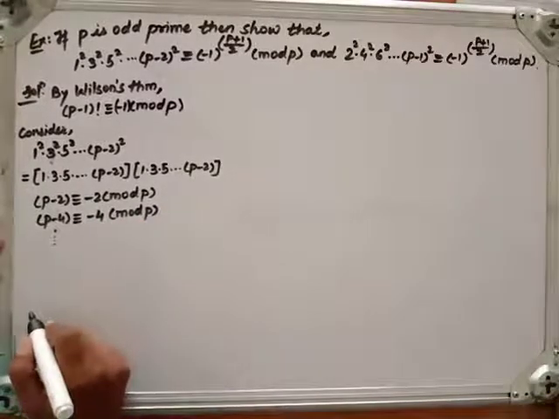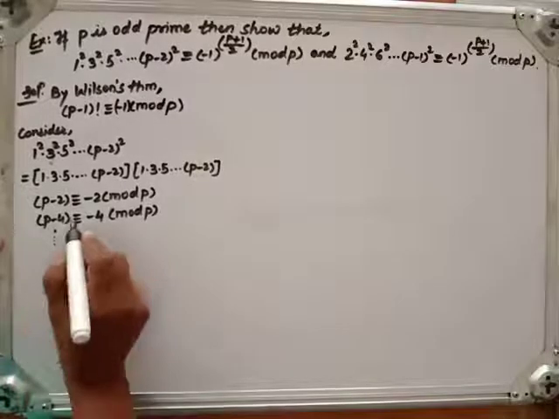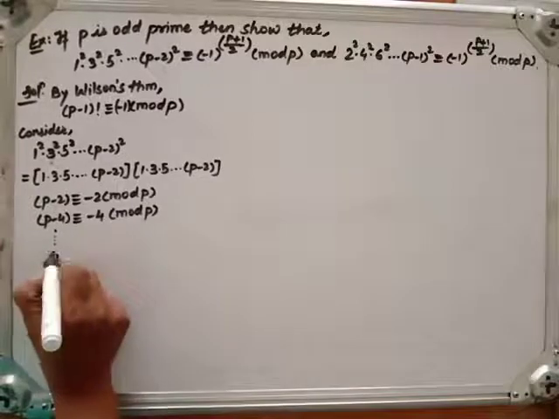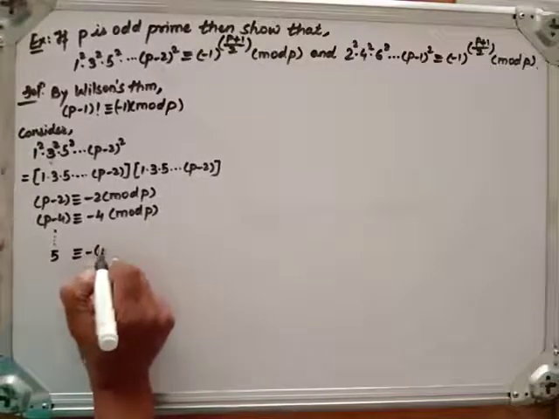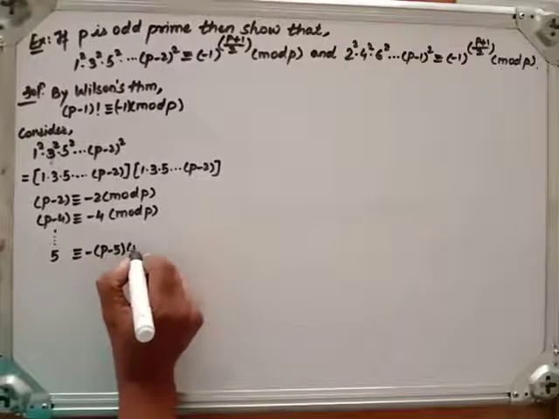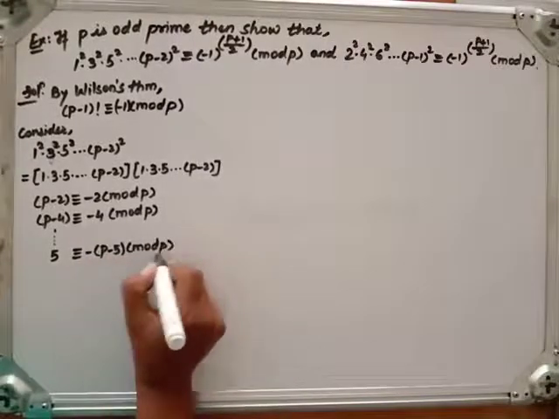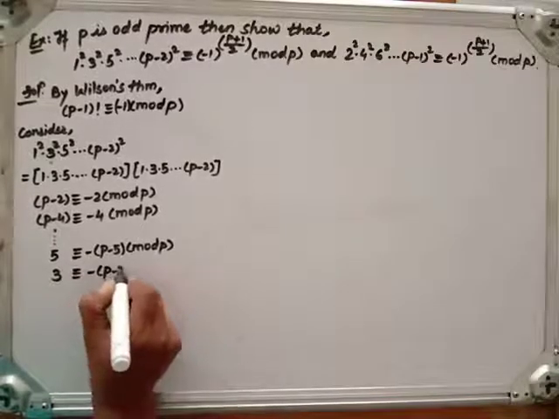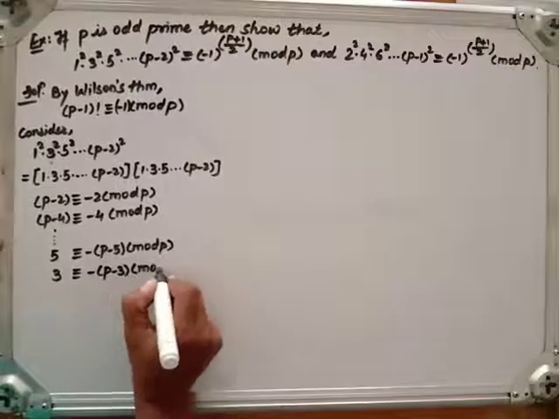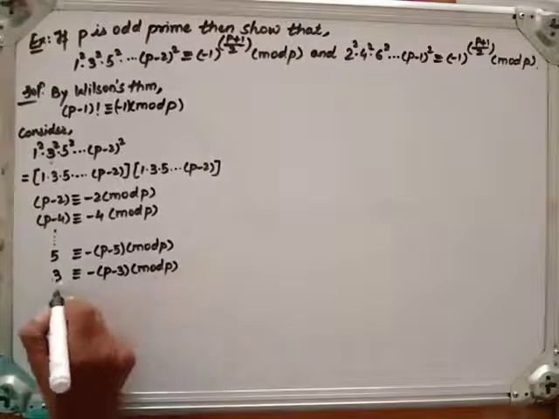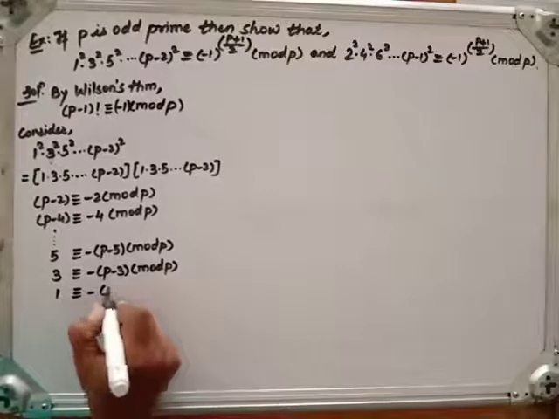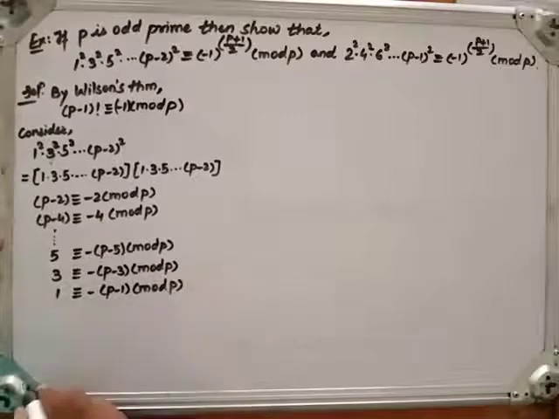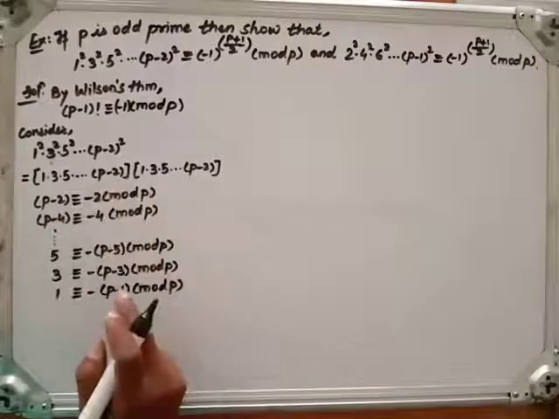Similarly, by properties, 5 is congruent to minus of (p minus 5) modulo p and 3 is congruent to minus of (p minus 3) modulo p. Again 1 is congruent to minus of (p minus 1) modulo p. So now let's substitute here.